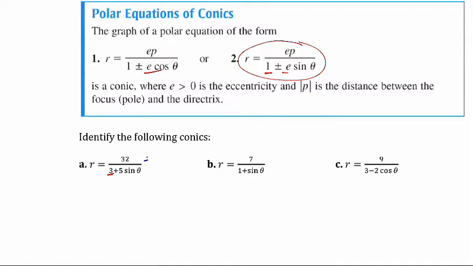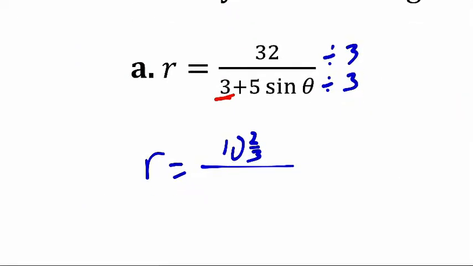We're going to divide the whole numerator by 3 and the whole denominator by 3. Dividing the numerator by 3, 32 divided by 3 is 10 and 2/3. In the denominator, we divide both of those by 3. We get 1 plus 5 over 3 times the sine of theta.